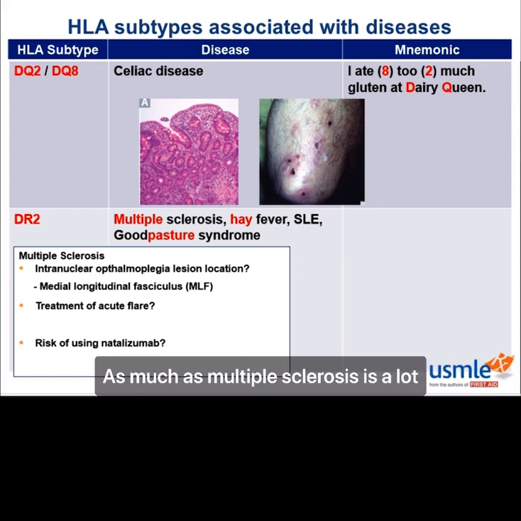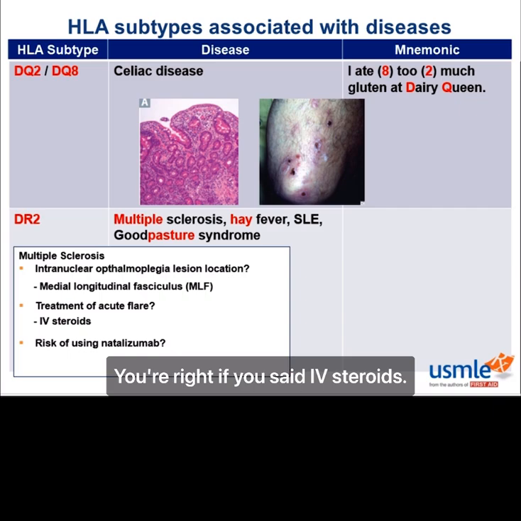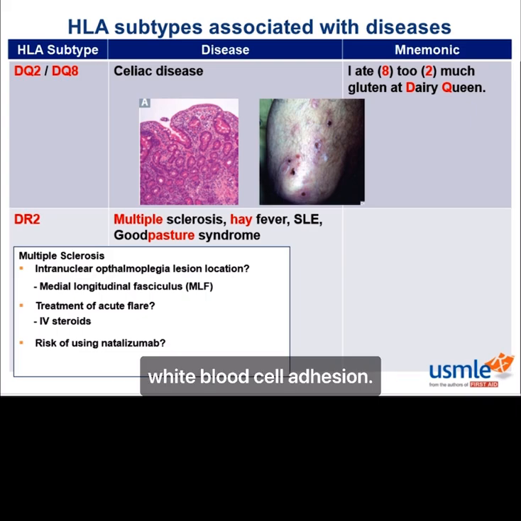As much as multiple sclerosis has a lot of neurorelations, it's also great for questions in pharmacology. How do we treat acute flares? You're right if you said IV steroids. What about refractory multiple sclerosis? Well, we can use natalizumab, which targets the alpha-4 integrin and affects white blood cell adhesion.